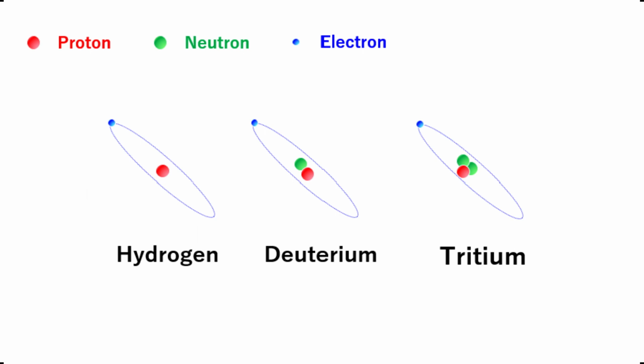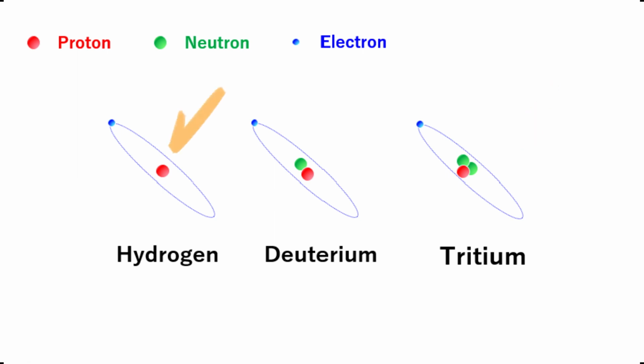For example, a hydrogen atom with one proton has three forms with 0, 1, and 2 neutrons in the nucleus. Most of the hydrogen on Earth is the 0 neutron form. There is a little hydrogen with 1 neutron and very little hydrogen with 2 neutrons.